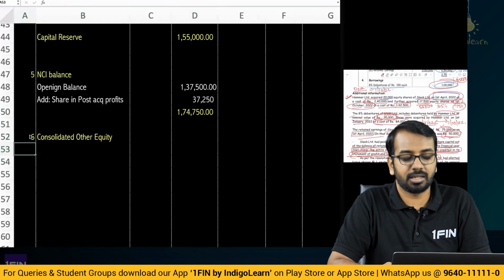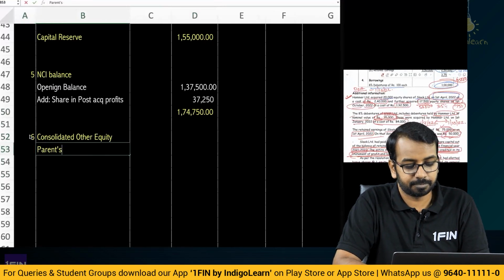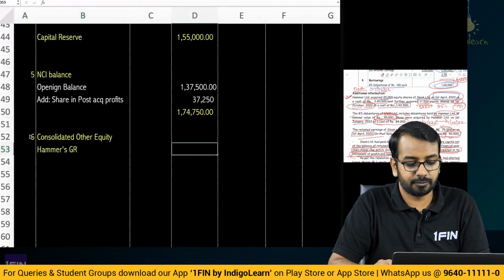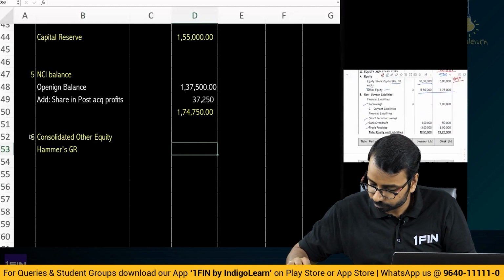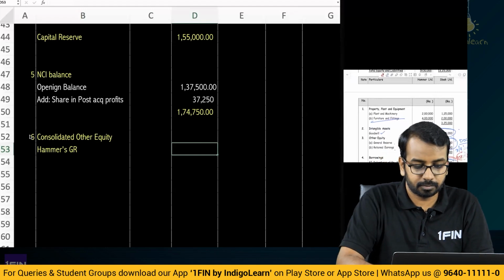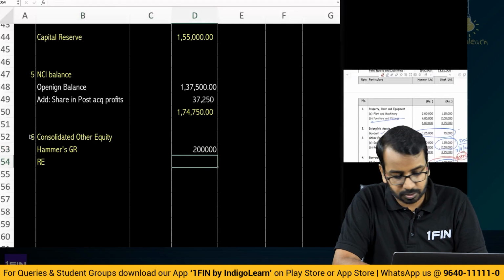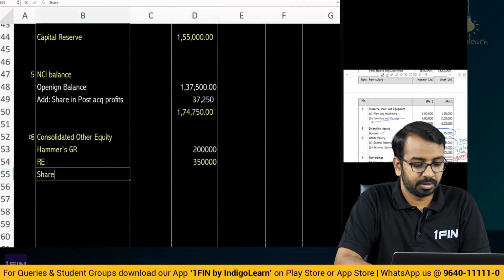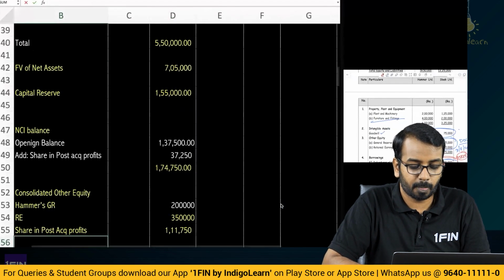As far as consolidated other equity is concerned, we will take the parent's 100%, Hammer's general reserve from the balance sheet, two lakhs, then retained earnings 3,50,000, share in post acquisition profits 1,11,750.